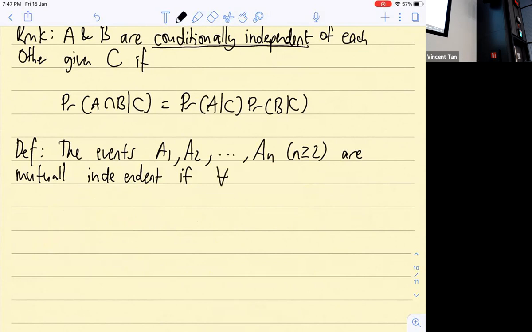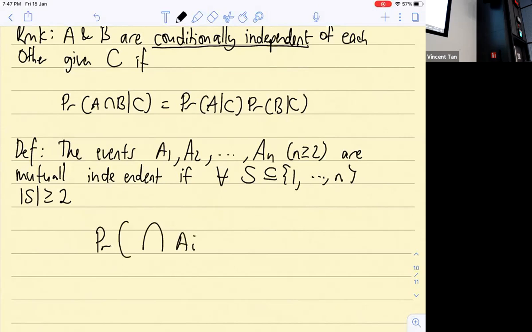We need the following. For all subsets S of 1 up to n with size at least 2, so all non-trivial pairs, triples, quadruples, quintuples, and so on, the probability of the intersection over i in S is equal to the product over i in S of the probability of Ai.